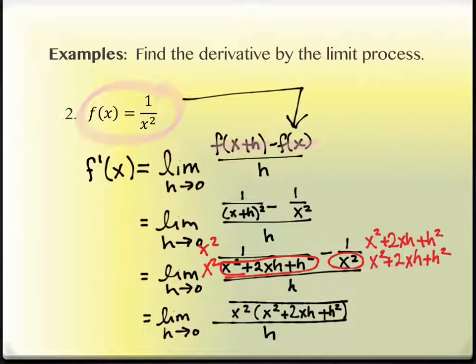And in the numerator, I have x squared minus, and do you notice this negative? It will distribute through all of this. So I have minus x squared minus 2xh and minus h squared. Super crazy lot going on my screen. I need to move it.